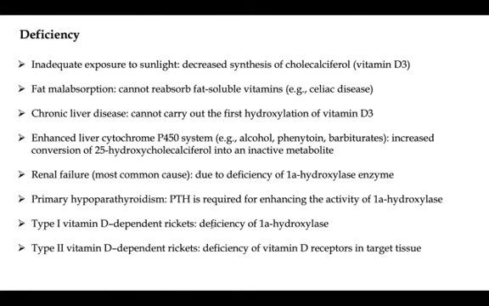But what are the causes for the deficiency of vitamin D? First is inadequate exposure to sunlight, and this is, as I have mentioned, UV is required for the synthesis of vitamin D. So if there is inadequate exposure, there is decreased synthesis of cholecalciferol, and this is one of the key reasons why people in the Middle East suffer from deficiency of vitamin D, because there is an inadequate exposure to sunlight.